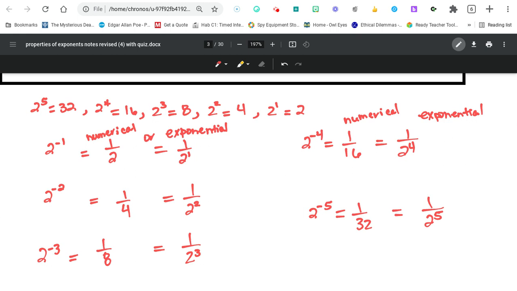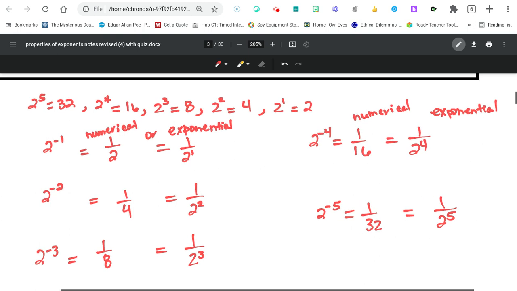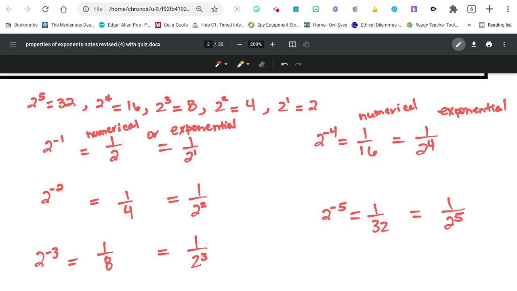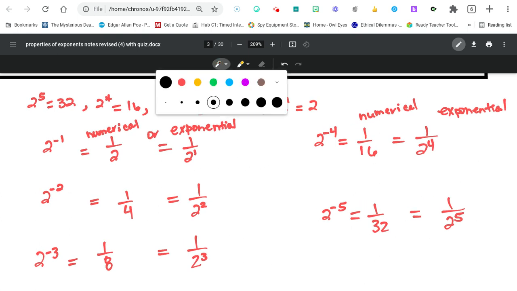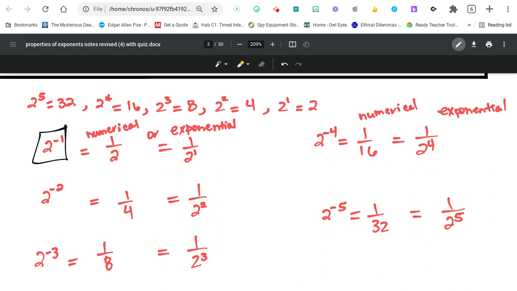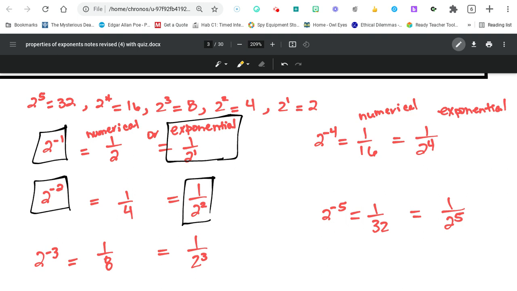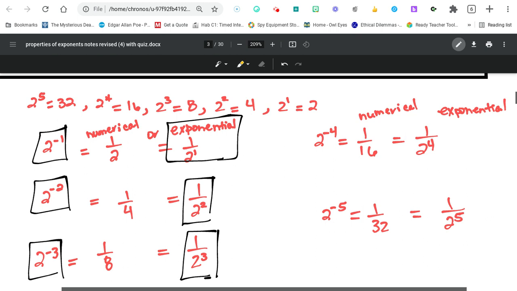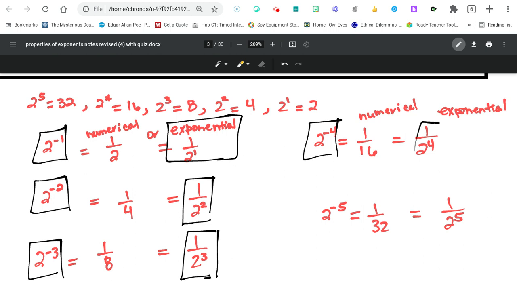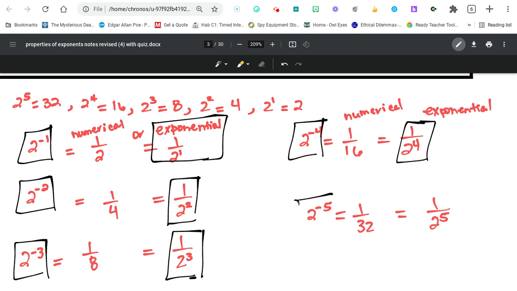All right. So I want to focus on the exponential form. Okay? I want everybody to focus on from here to here. Or from here to here. From here to here. From here to here. And from here to here, guys.